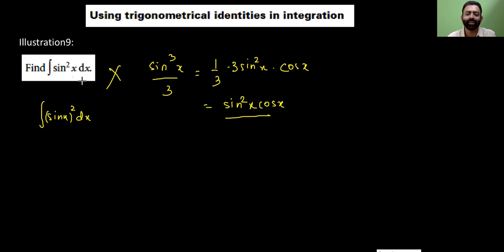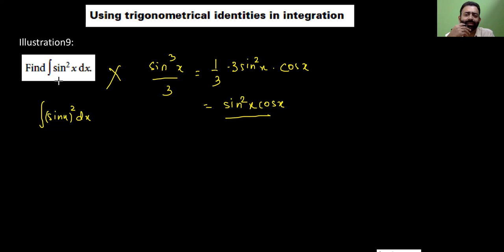The correct approach is that if there is sine square x or cos square x or sine cube x or cos cube x or cos raised to power 4 x, meaning a trigonometric function raised to some power, then these have to be reduced to double angle formulas, converting these exponent trigonometric functions into double angle terms, either sine 2x or cos 2x.